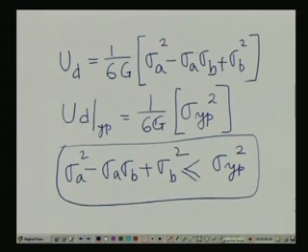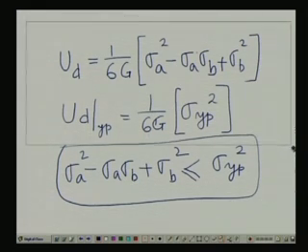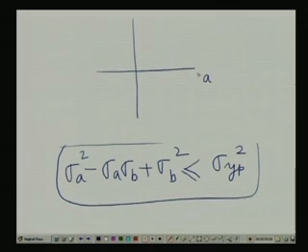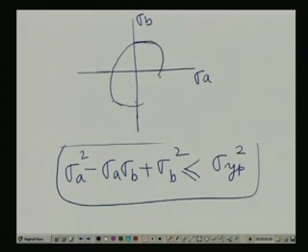If we try to plot it over here, we plot sigma A and sigma B, then we get, well, I will try to draw a good ellipse for you, something like this.